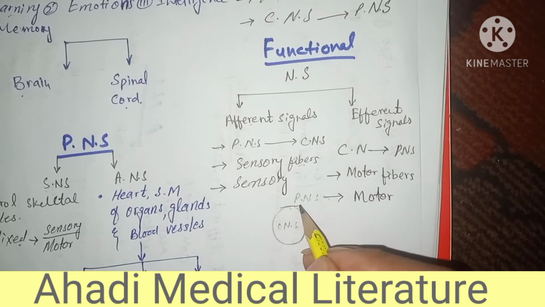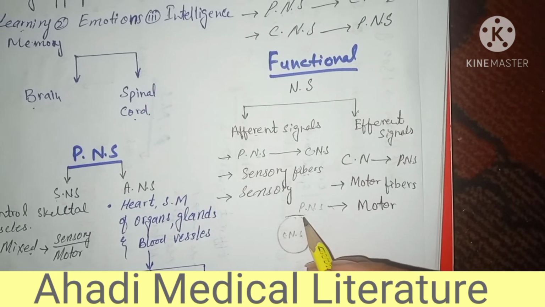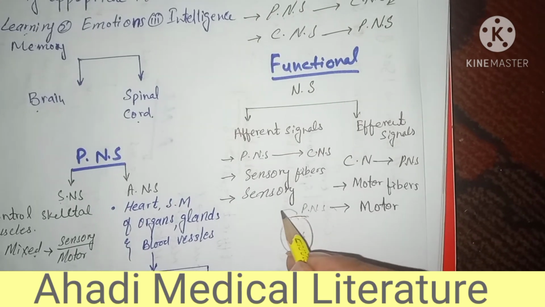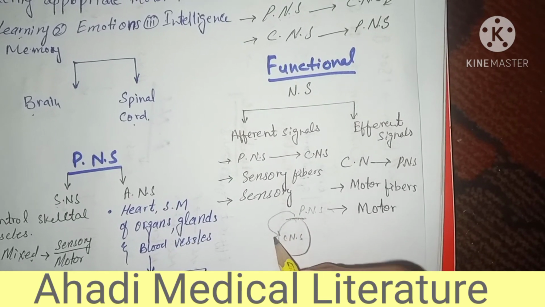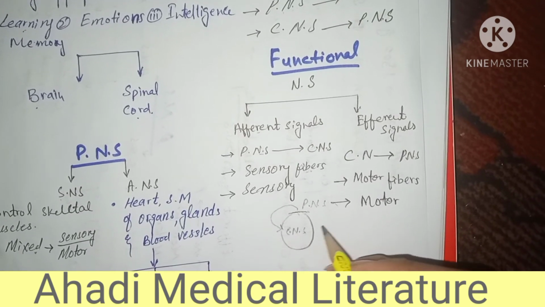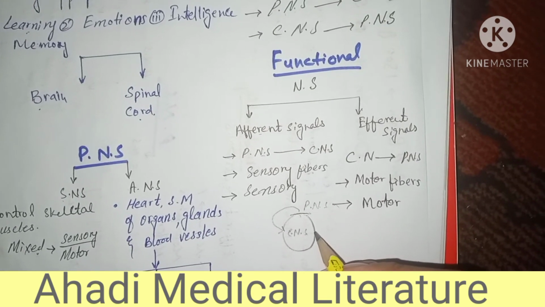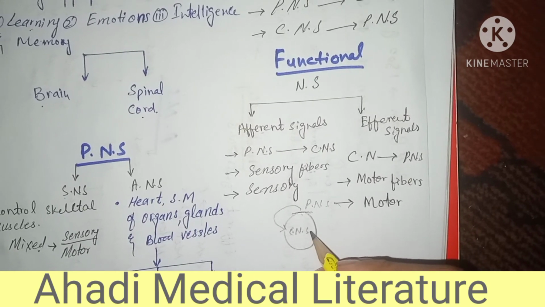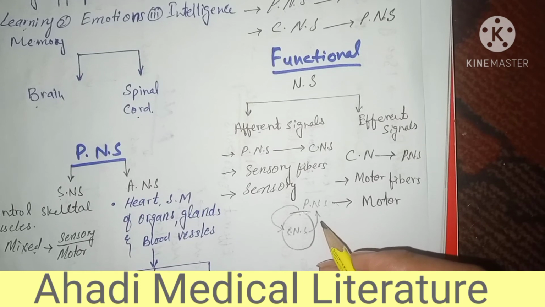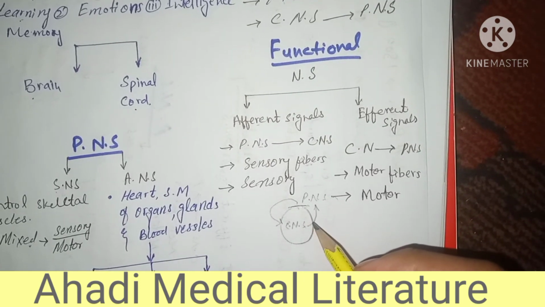If something hits here, the sensory receptors feel that, sense that, and send information to the CNS, and the CNS processes that information, acts with appropriate motor action and sends it back to the PNS. So this is the example.